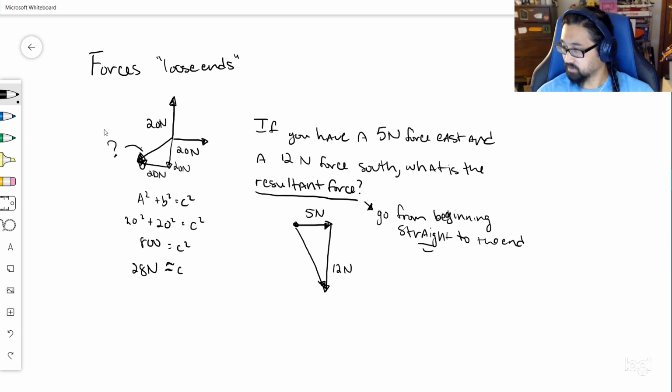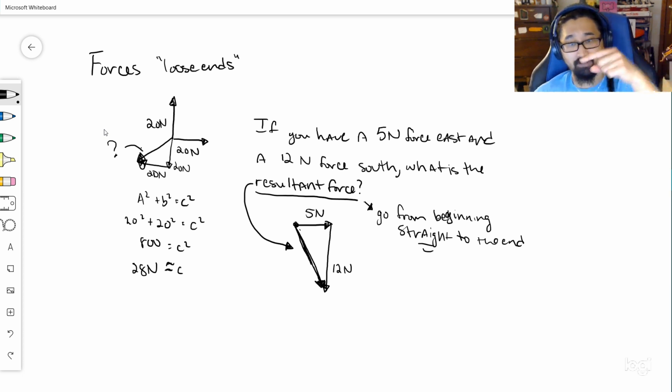So this right here is my resultant force, going from here straight to where we end up. If I had to replace them both with a single force, instead of going east and south, if I wanted a single force that pointed southeast, how big would it be? What is the resultant force?